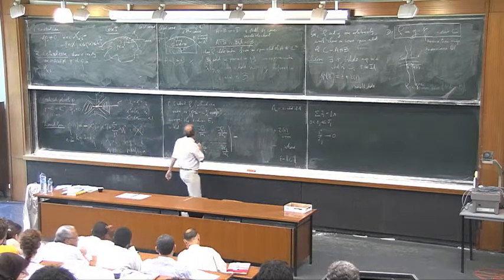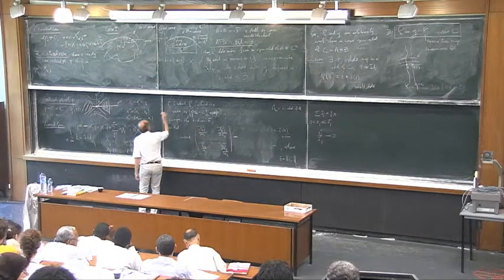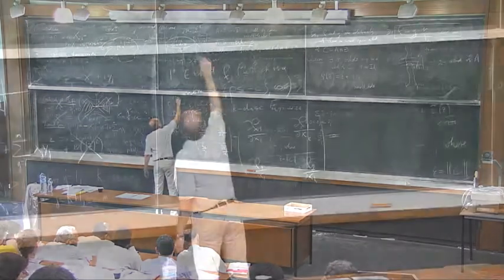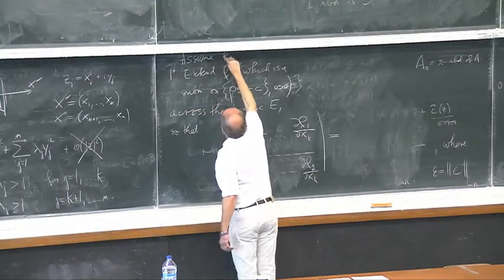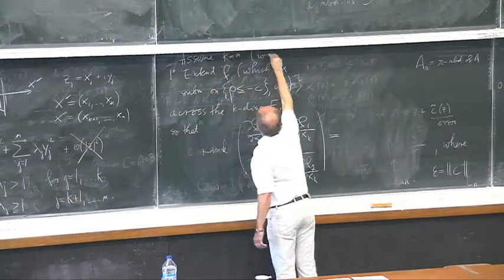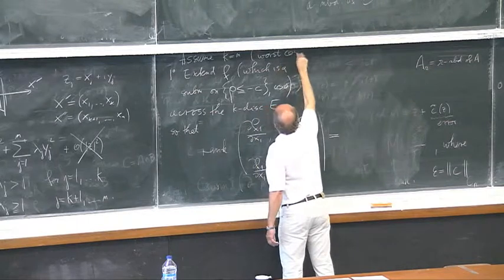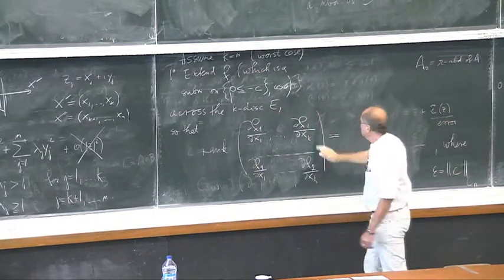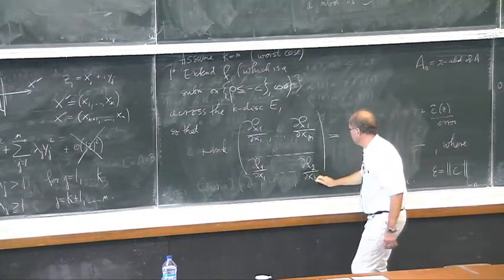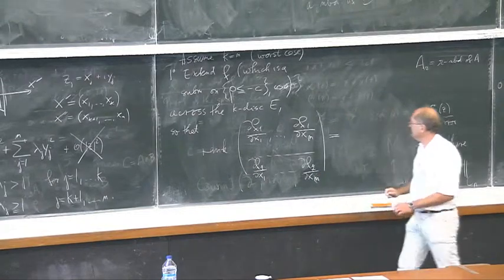So I'm just going to look at the worst case. So let's just put N here. Otherwise, there are some further technicalities which I don't want to go into.